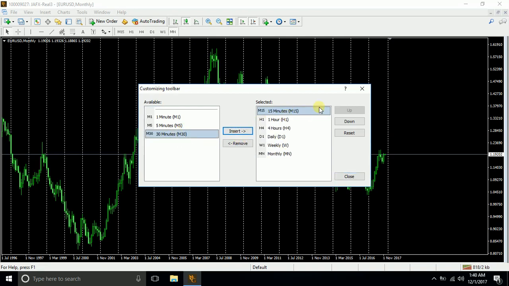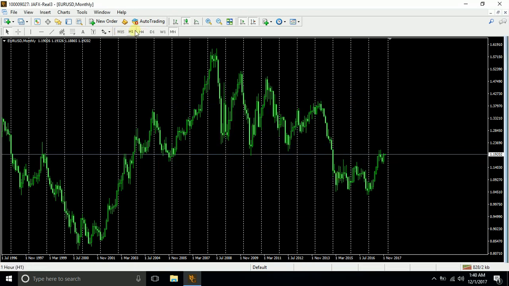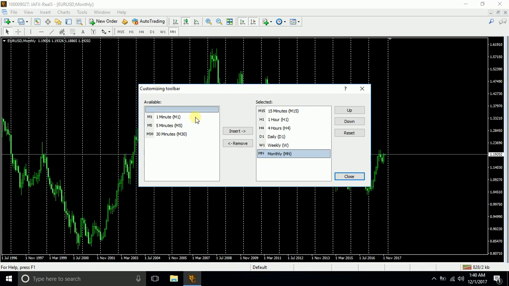Put this back on here because you need this one. Anything smaller than a 15-minute time frame, you can remove: right click, customize, and remove the 1 minute, 5 minute, and the 30-minute time chart. Select it, press remove. I want everybody to do that. Follow this video step by step.